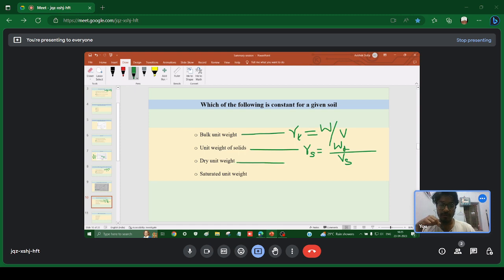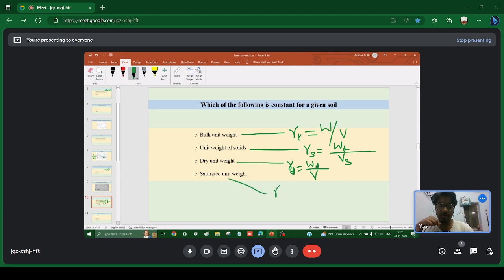Dry unit weight, for that we need gamma D, which is equal to again the weight of the dry soil, but here dry unit weight means total volume of soil, gamma D by V.